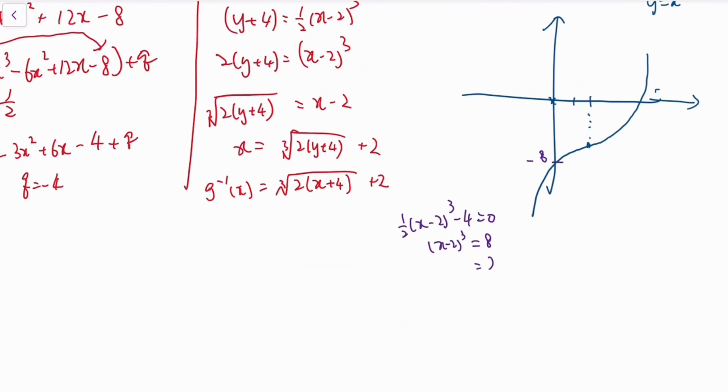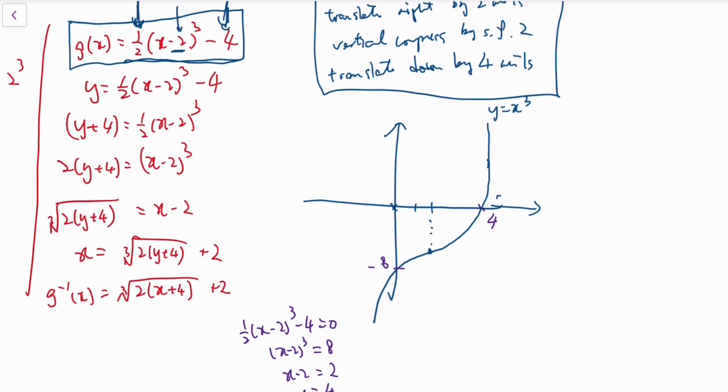Cube root of that is 2, so x is 4. So that's the graph of G. Let's label it. Remember to label your graph.